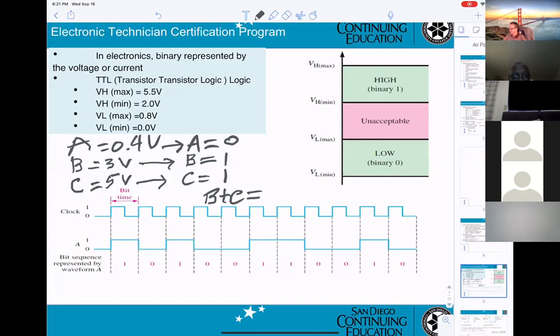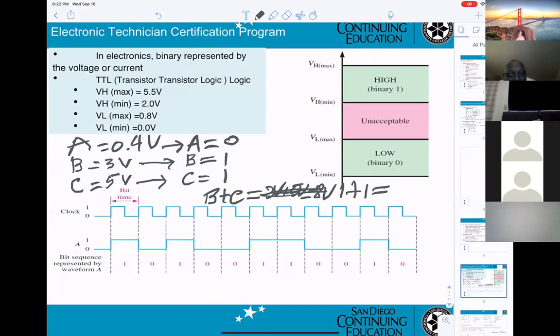However, I bring it up to make sure you cannot say 3 volt adding 5 volt and you get 8 volt, right? The thing is, basically by definition here you don't have 8 volt, the maximum is 5.5 volt. So never try to add this thing. You have to say 1 adding to 1. They can equal 0, they can equal 1, doesn't matter. But you get only 2 numbers, either 1 or 0.